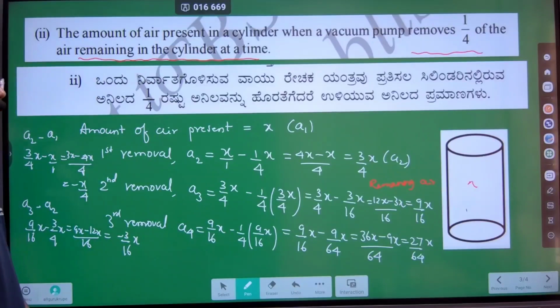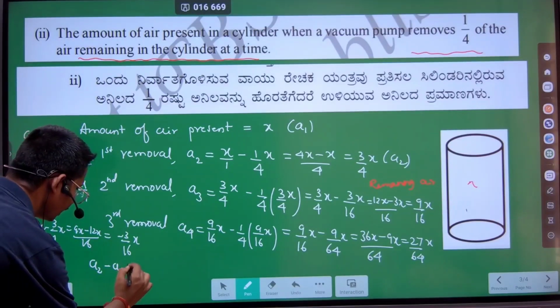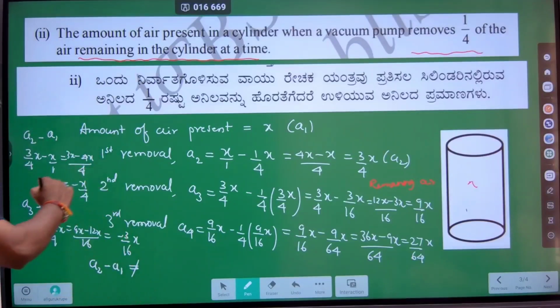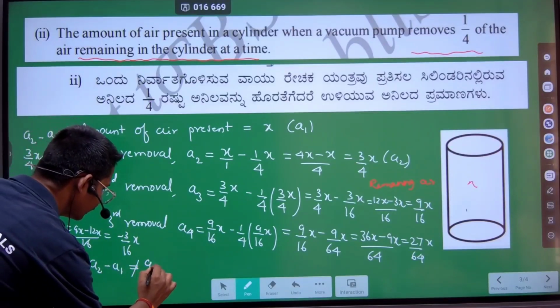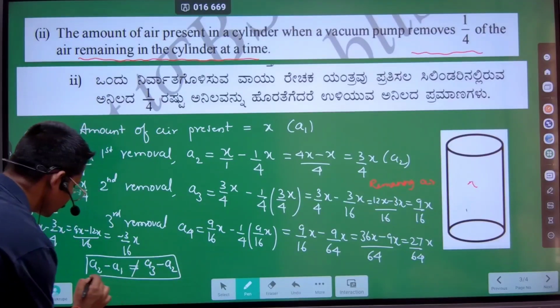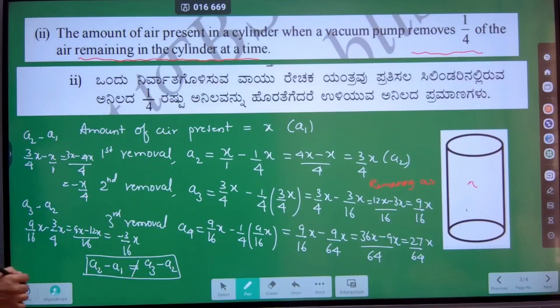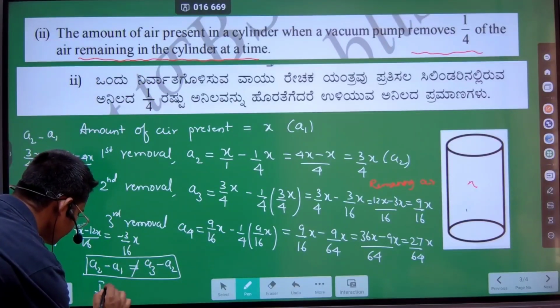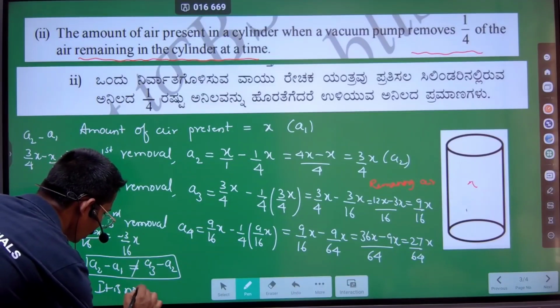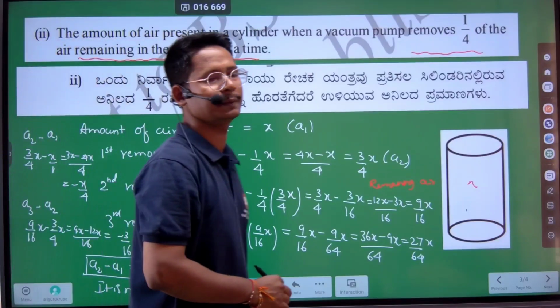Now you can see A2 minus A1 is not equal to A3 minus A2, isn't it? So with this condition, what can you say? You can say this situation is not an AP. It is not going to be an arithmetic progression.